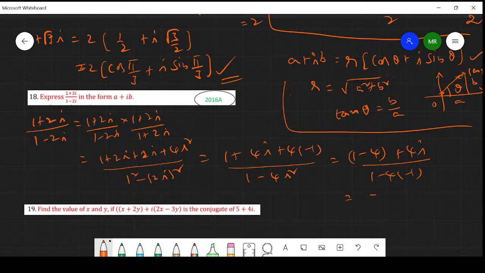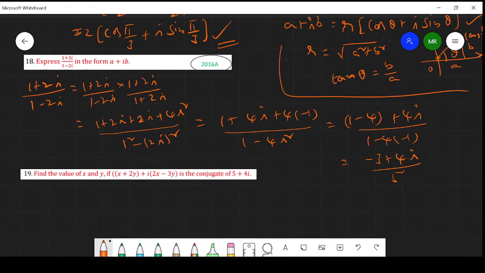So minus 3 plus 4i by 1 plus 4, that is 5. Then you can write minus 3 by 5 plus i into 4 by 5. That is your required answer.